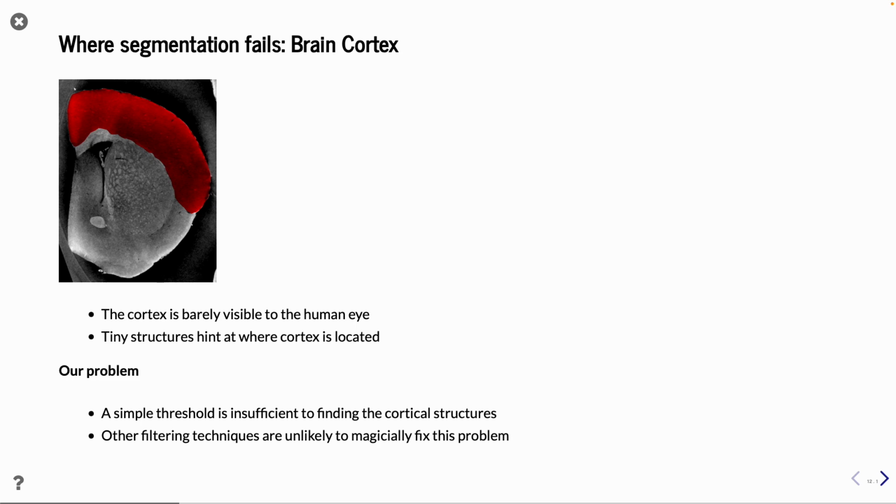So the question is how we can really find this area, and if it is possible at all, if the information in the image actually carries this. And we will try some different approaches to find it, but let's see what we can do.